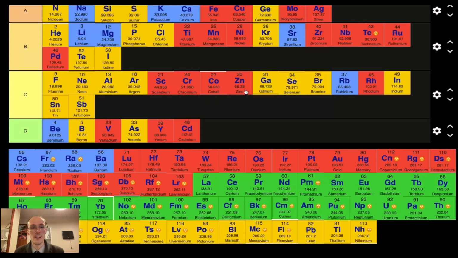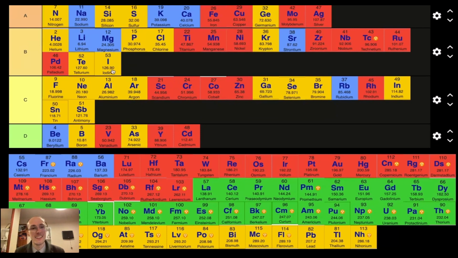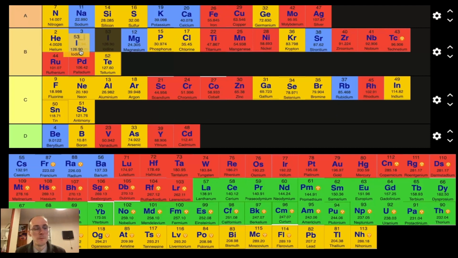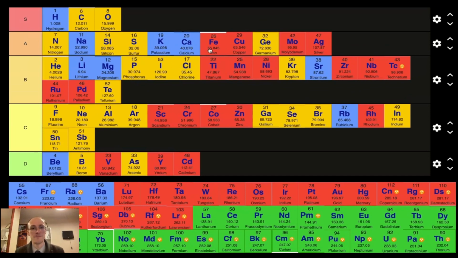Iodine can go in the B section, although chlorine is here, and iodine is better than chlorine. But is iodine better than helium? You know what? I'm going to squeeze iodine in there. It's the best of the halogens, but not one of the best elements. Iodine going in the B section.